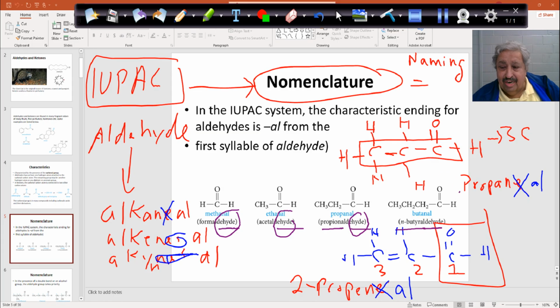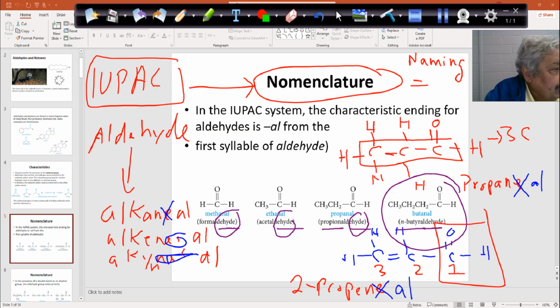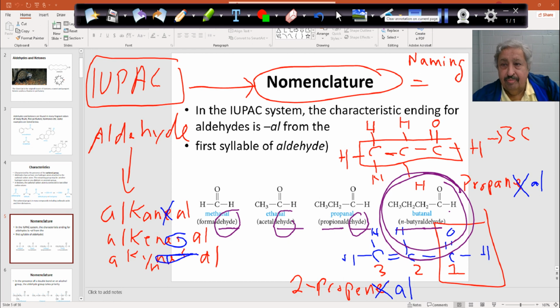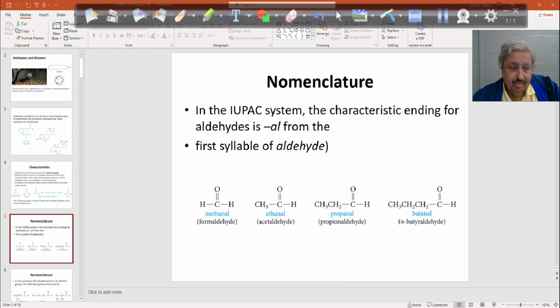When I say n-butyraldehyde, this will be oxidized to butyric acid, which is the butter. We eat butter, correct? That's the formula of the precursor for making butter. Butyraldehyde, that's the common name of it, correct?